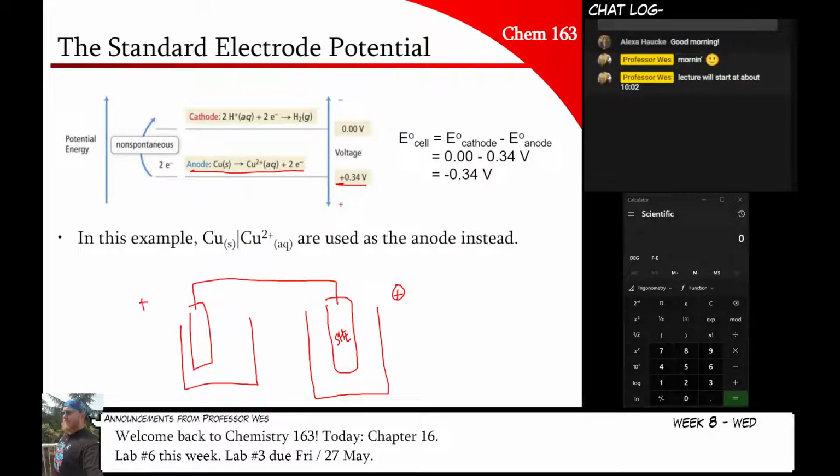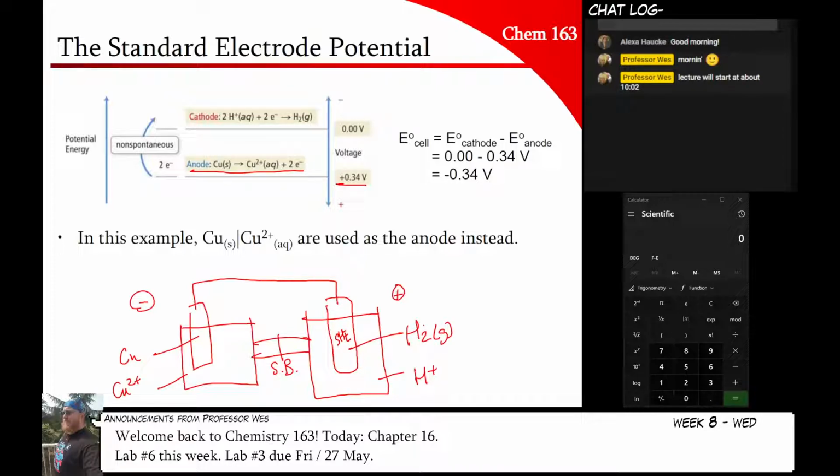I don't know how to draw the SHE very well, so we're just going to write it like this. So here's what my battery will look like. Here's copper in a solution. Here I've got copper 2+, salt bridge, I've got H+, and then H2.